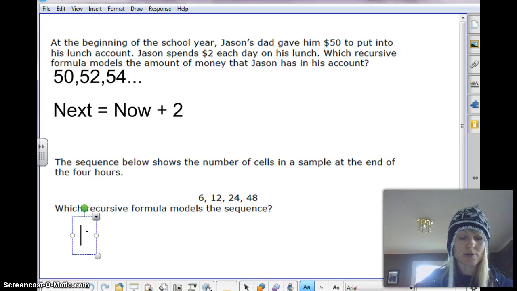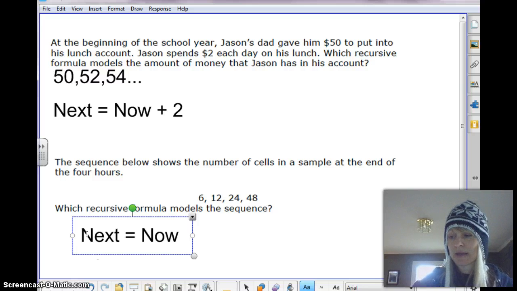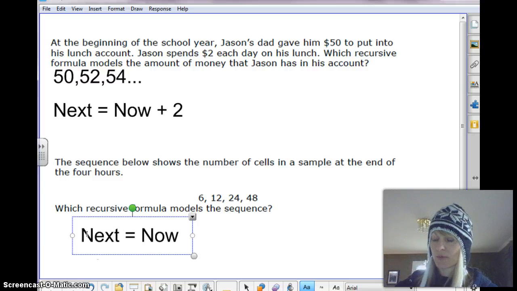The same thing goes here with my next-now. To get the next answer, I take my now, and I am multiplying it by 2, right?